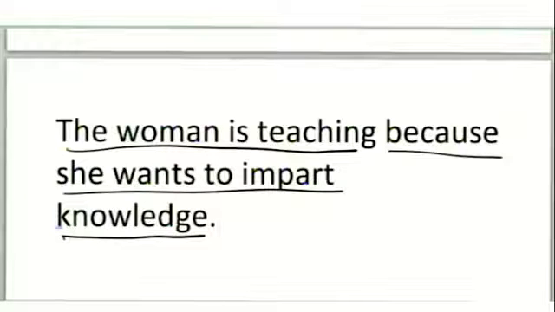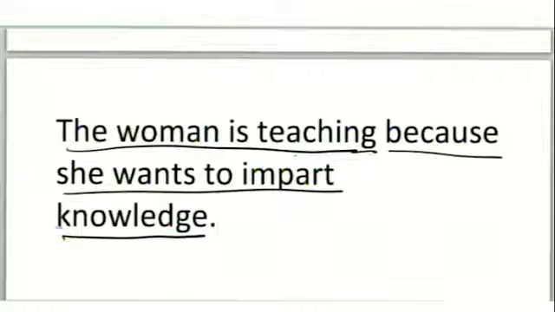Now, if we look at these two clauses, one can stand on its own to make clear meaning. The other will have to depend on another information to convey meaning. The woman is teaching. You will all agree with me that the meaning is complete and we understand what is being said.